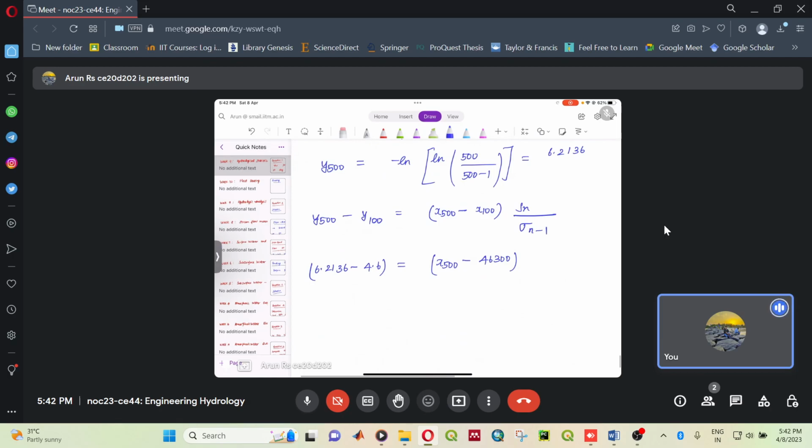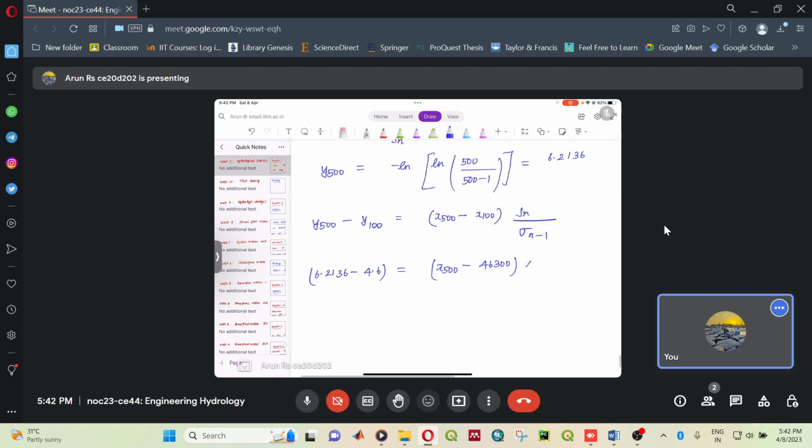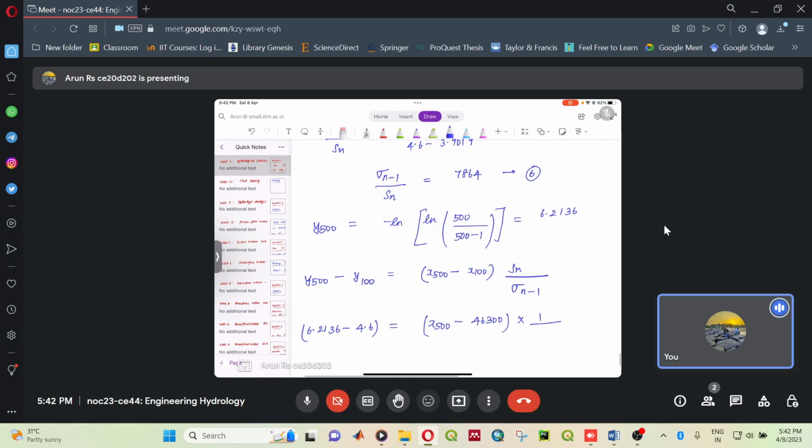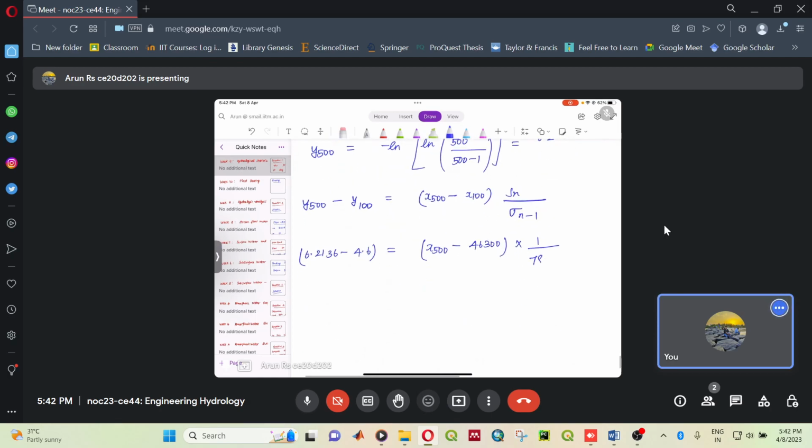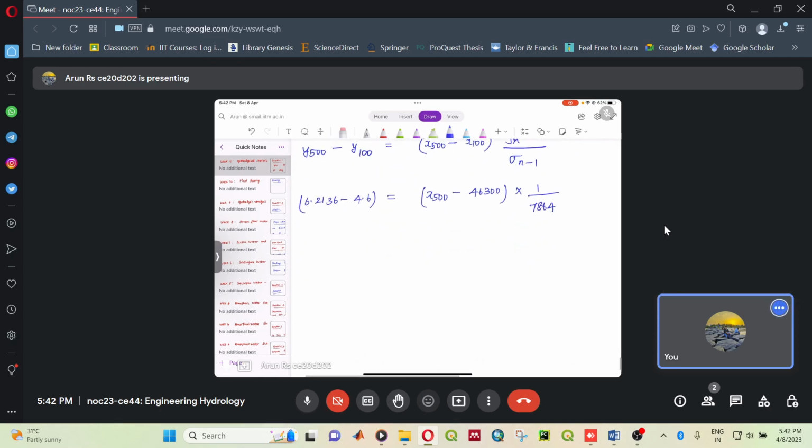Here it is the reciprocal of that, so it will be 1 divided by 7864. So in this the only unknown is x500. We can solve for it, and x500 will be equal to 58,988 meter cube per second.